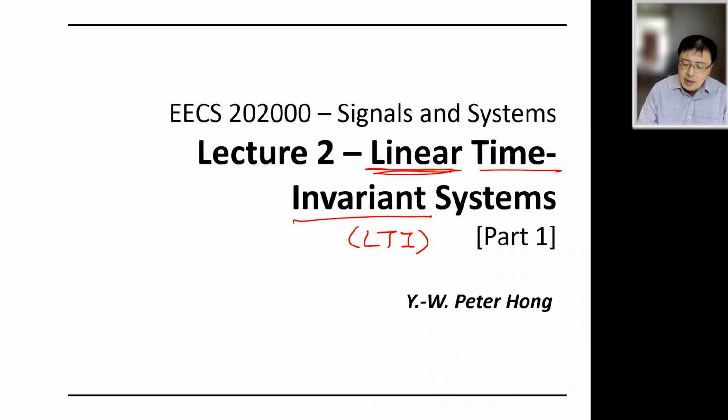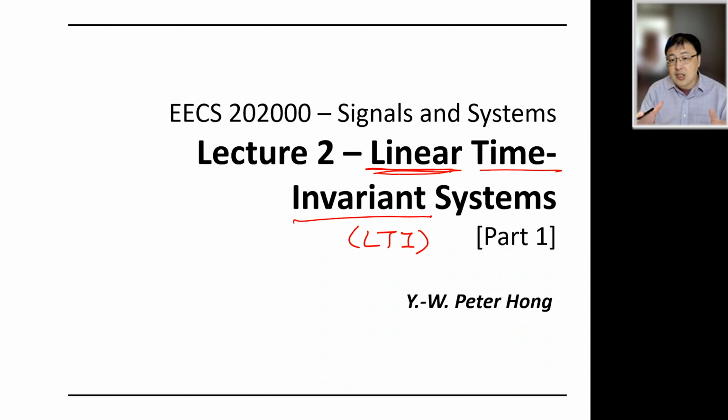The reason that this makes our life easier, which will also be clear later on, is because linear systems satisfy the so-called superposition property, which means that if you insert a superposition of multiple signals at the input, then the output will also be the superposition of their corresponding responses. This is the advantage that linear systems give us.